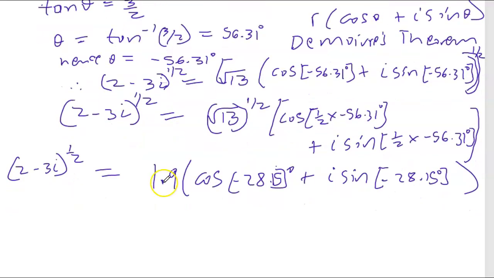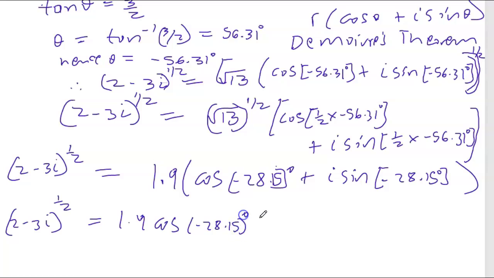Alright? So now we can, of course, expand our bracket. So what we have now is 2 minus 3i to the power of a half. So it's 1.9. So expand the bracket. It's 1.9 cos minus 28.15 degrees plus i sin minus 28.15 degrees. So distribute the 1.9 to each term in the bracket.